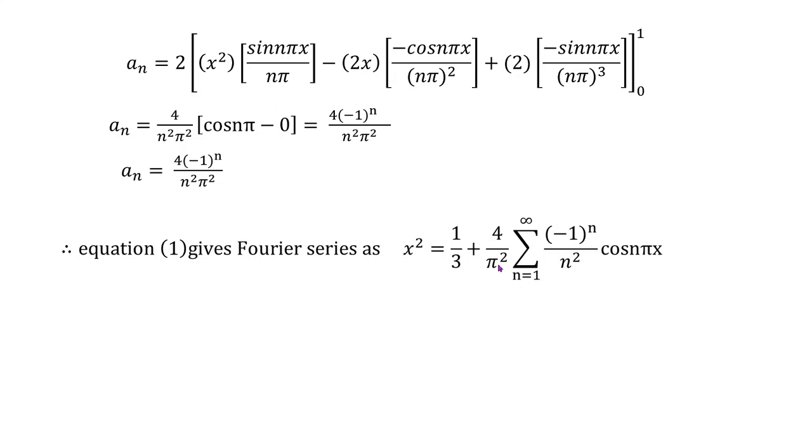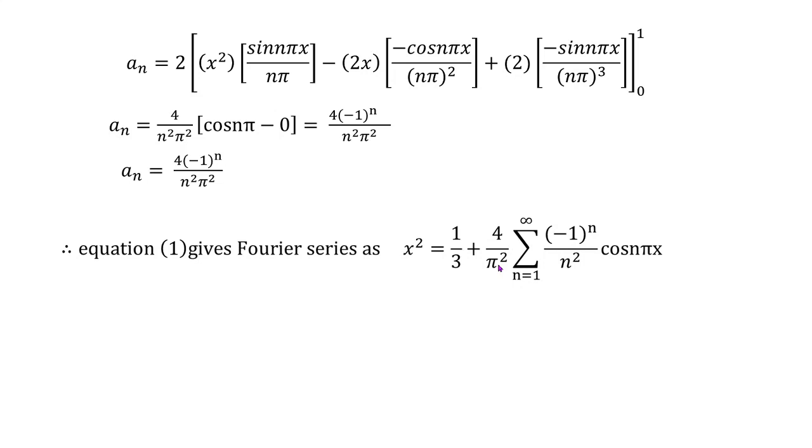But if we get the case where the function is neither even nor odd, then it should be treated in the same manner as we did for the 0 to 2L form. The only thing is that the given limits must be written in the formula, that is a0 is written as 1 by L integral minus L to L form.